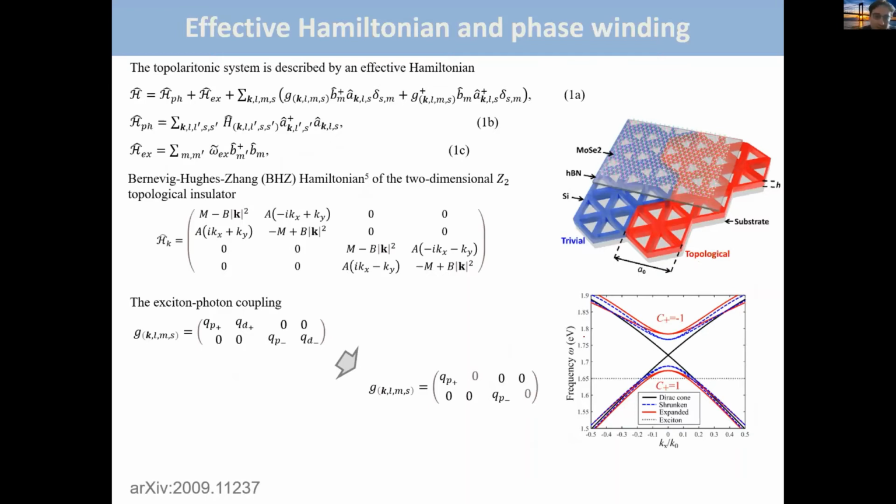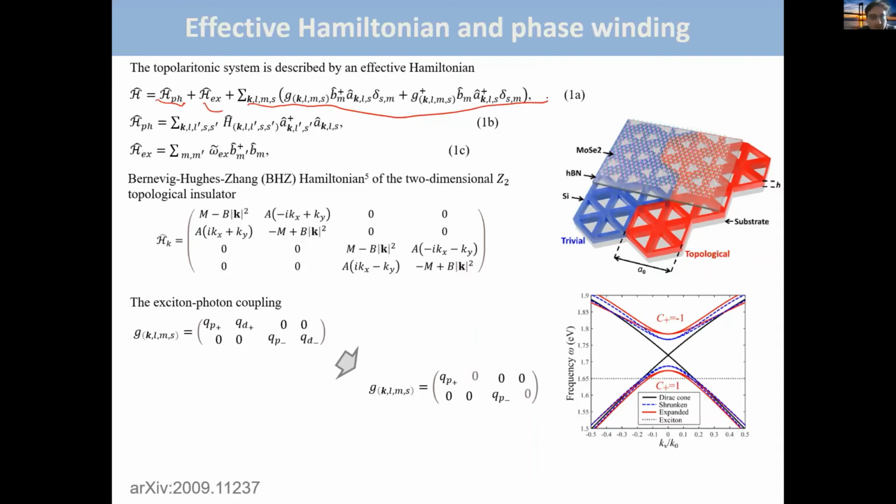So here you can see the effective Hamiltonian describing our system. We have a photonic part, an excitonic part, and the interaction part, which of course should take into account all the internal degrees of freedom responsible for the topology. So this is not just coupling of two scalar states. These are vector states with a complex internal structure.